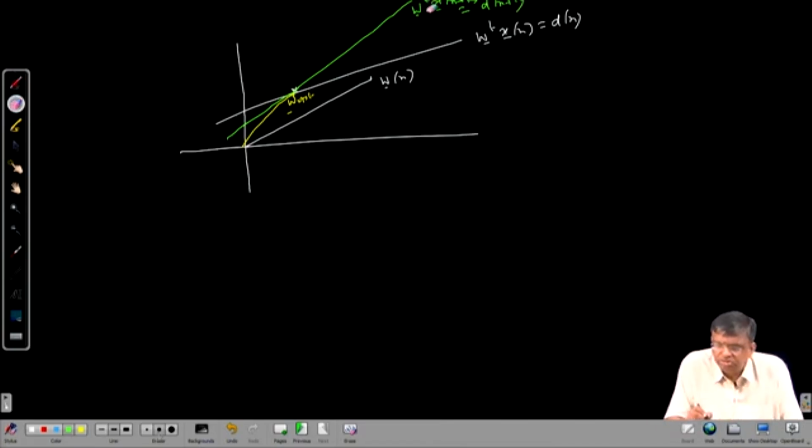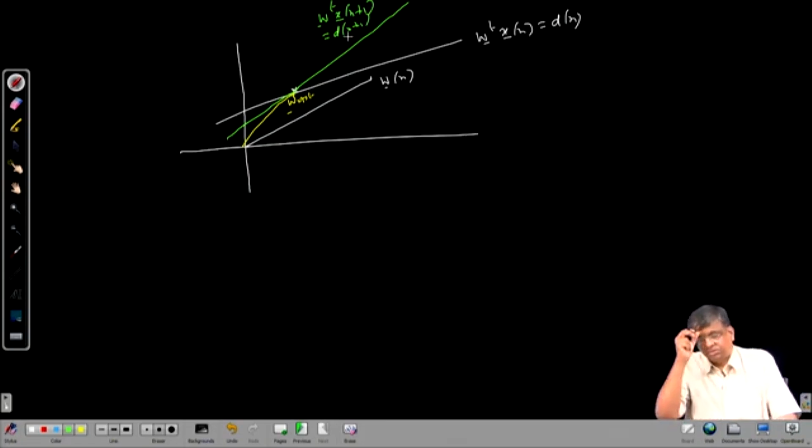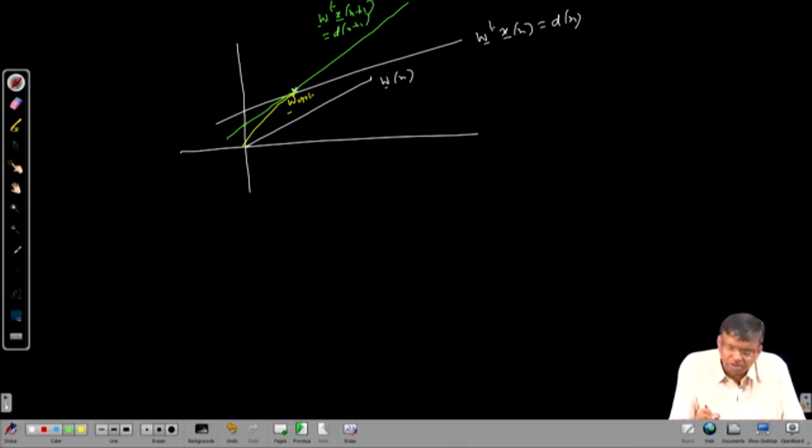Maybe it is not visible here, so let me erase this, let me write separately again. So, this equation is, this is the situation. And what do you do, recall? We project on this, we call this W n plus 1.